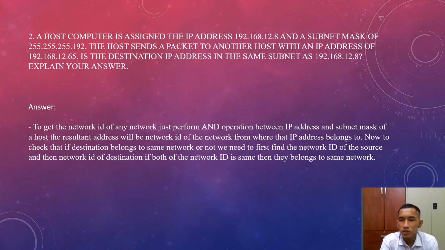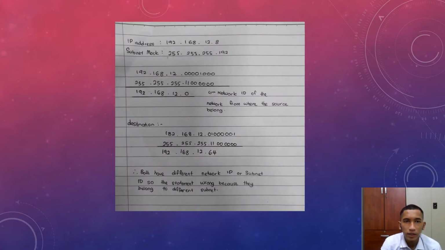Here, the IP address is 192.168.12.8 and the subnet mask is 255.255.255.192. The result is 192.168.12.0, because that is the network ID of the network the source belongs to.